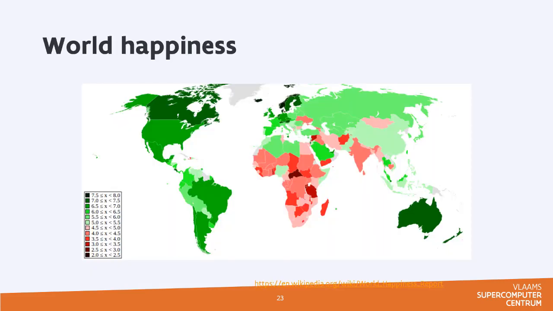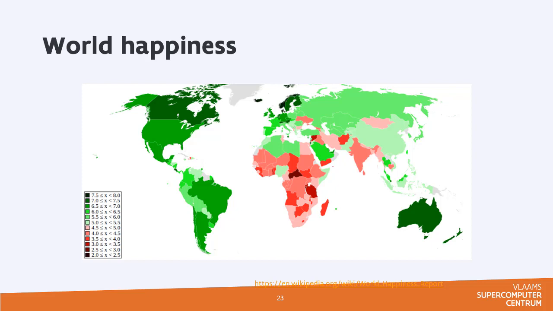This is a visualization of the World Happiness Index by country. So dark green means happy people. That is a maximum score of 8. And if a country tends to the brownish or dark brown side, then basically its inhabitants are unhappy.